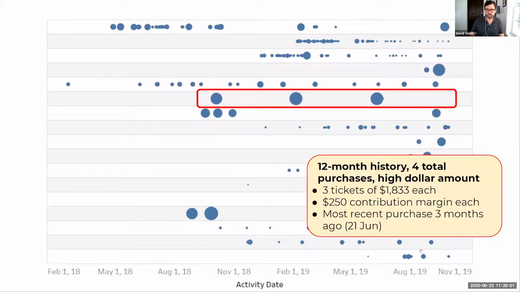So we call this a non-contractual situation. There are other situations that we're not really going to discuss today, where you might have a subscription model where they tell you, hey, I'm canceling my subscription. That is a slightly different model. It's similar, but slightly different in terms of how you calculate lifetime value.